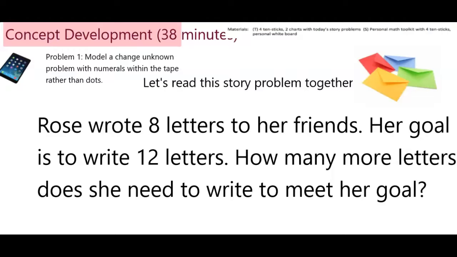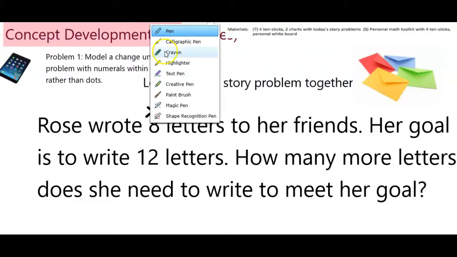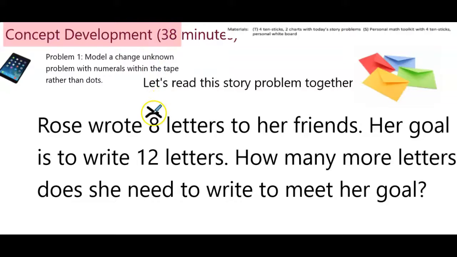So, like in my class, I will often have you guys circle your number because it helps us see that number. And then I have you box your unit.